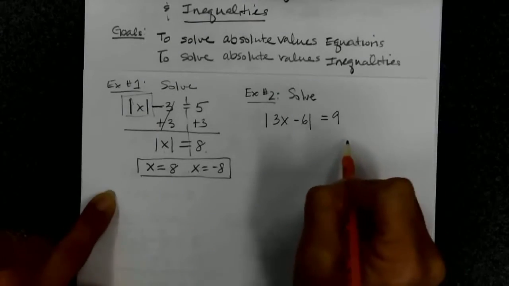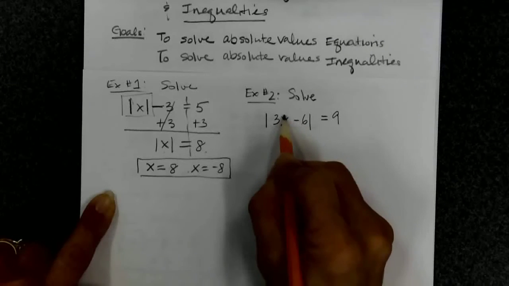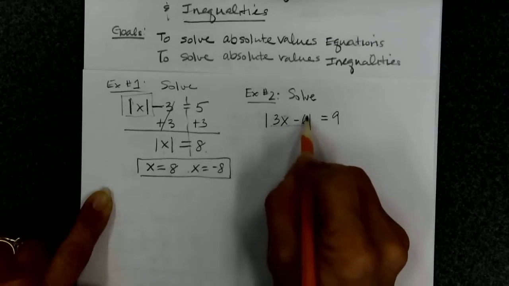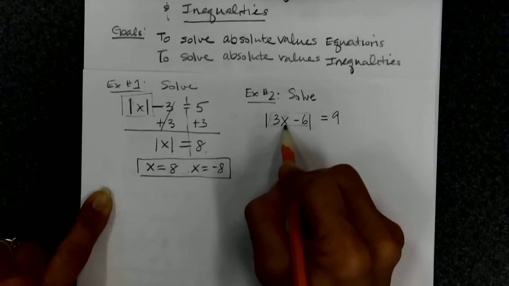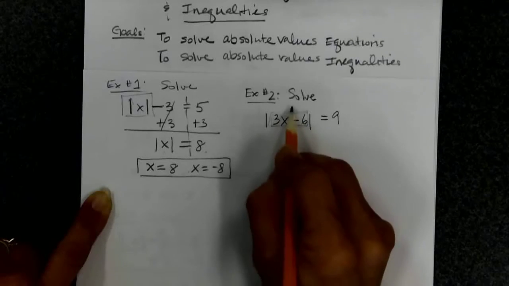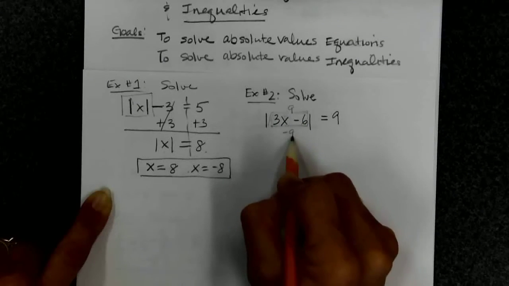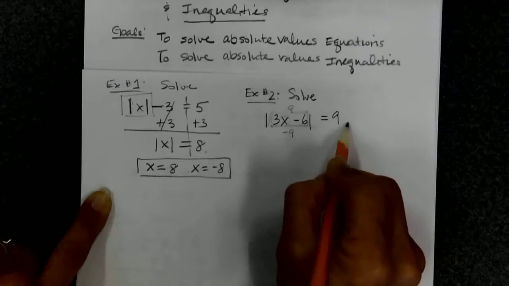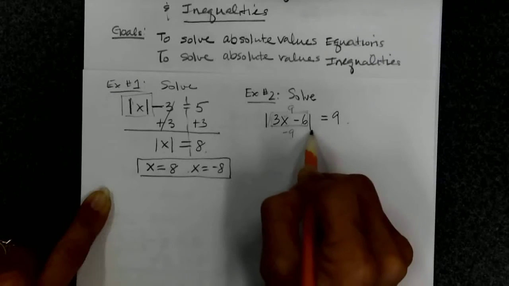And I want to know what the x value has to be so that when I get that number, it will give me the absolute value of the distance of 9. So I want the inside to be 9 or negative 9, so that the absolute value of 9 is 9 and the absolute value of negative 9 is 9.